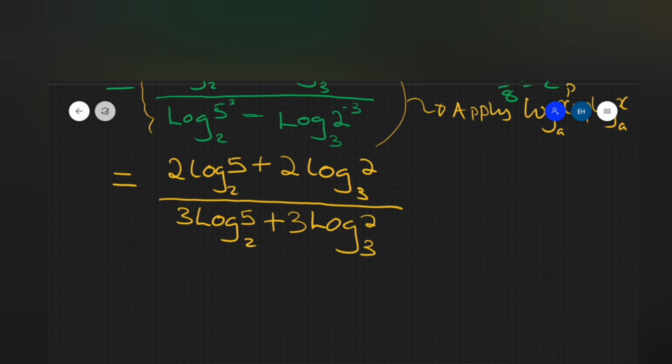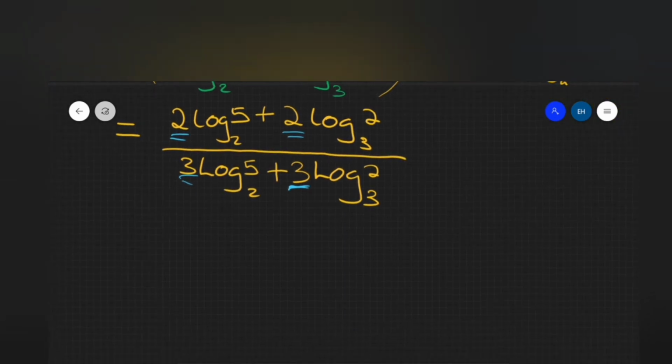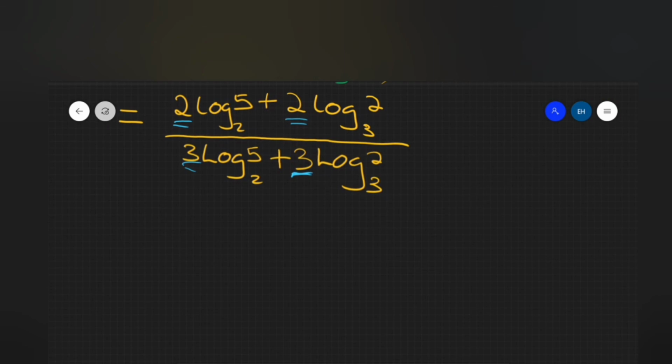So you observe again, what else can you do? You find that there is a 2 and a 2 there, but here is a 3 and a 3. So we can apply factorization such that we have 2 for the numerator, log 5 base 2 plus log 2 base 3.